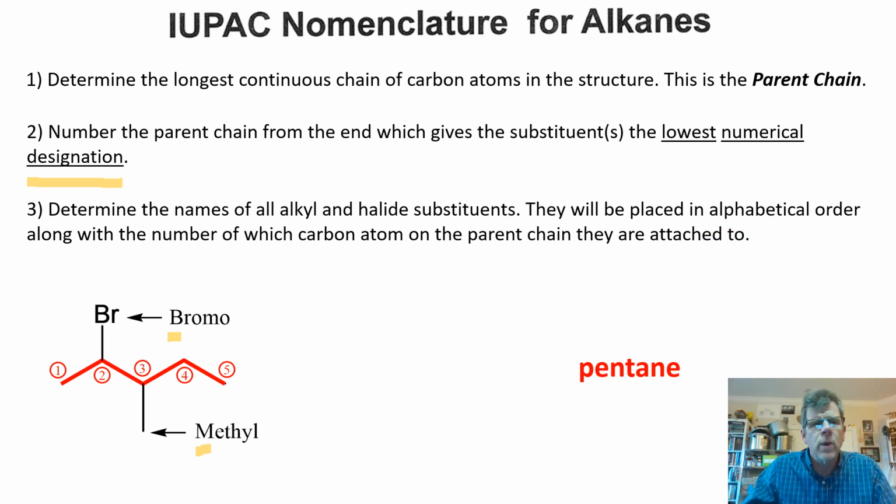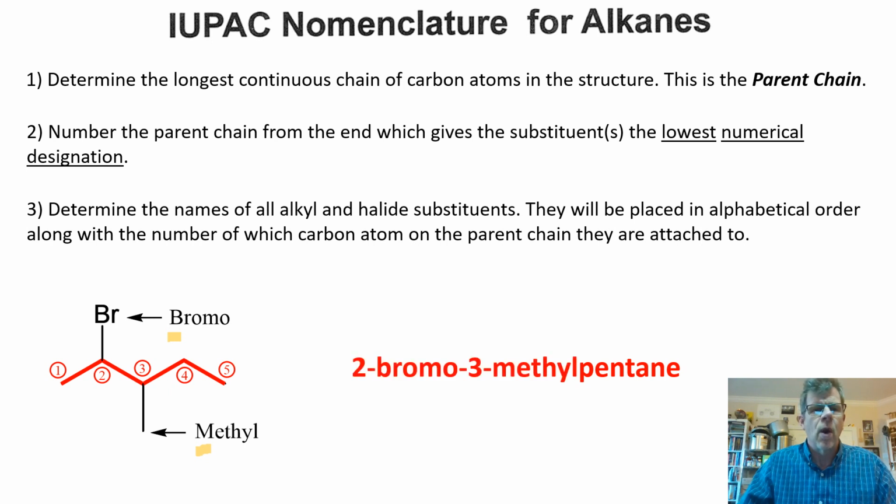So thus we are going to name that bromo first, or put it in the name first. And notice which carbon it's attached to, it is the 2 carbon. So we would put 2 bromo, then at the 3rd carbon, we have a methyl group, 3 methyl. So 2 bromo, 3 methyl pentane. We had to do those in alphabetical order.